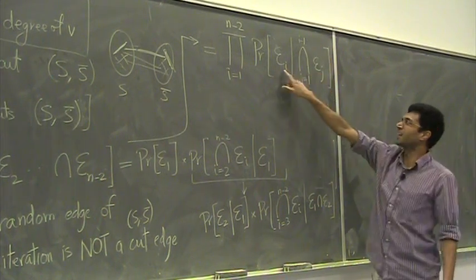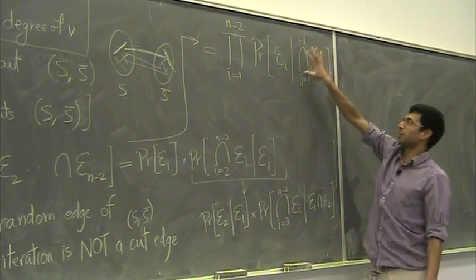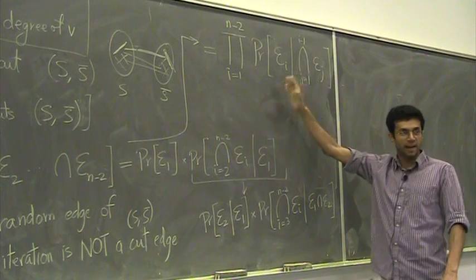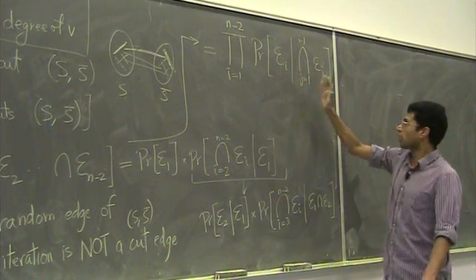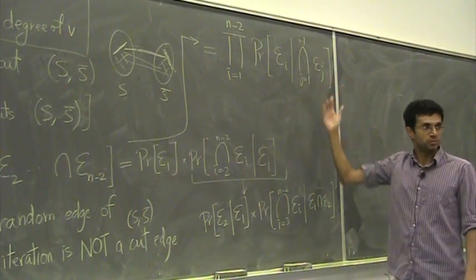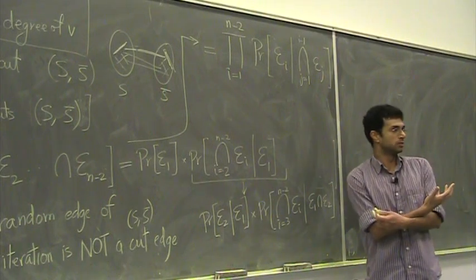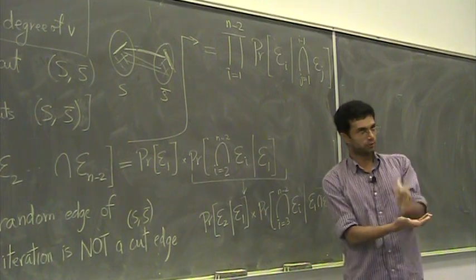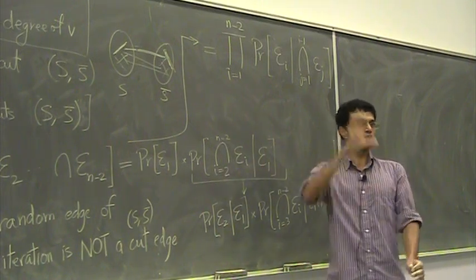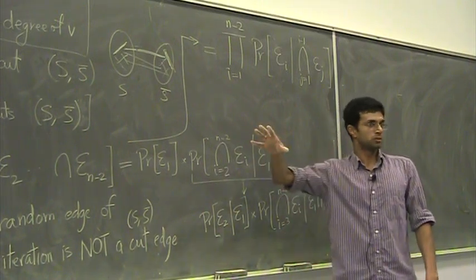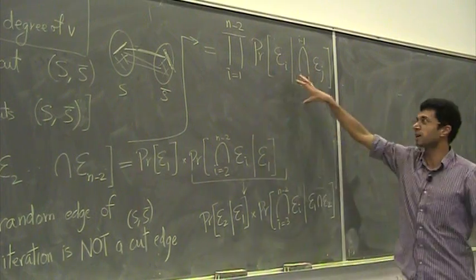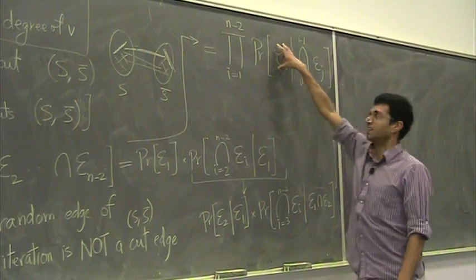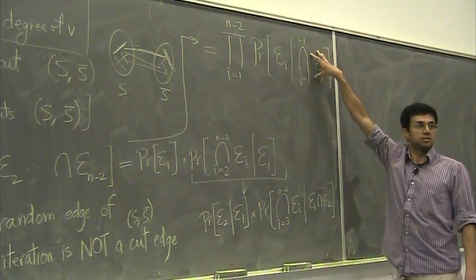So when i is equal to 1, there's nothing here. So this is just saying it's the probability of the ith event conditioned on the first i minus 1 happening. Because you multiply all of these together, it's the probability of the first event, times the probability of the second conditioned on the first, times the probability of the third conditioned on the first two, and so forth. I've broken it up this way so that now we can think about each of these events conditioned on these events.